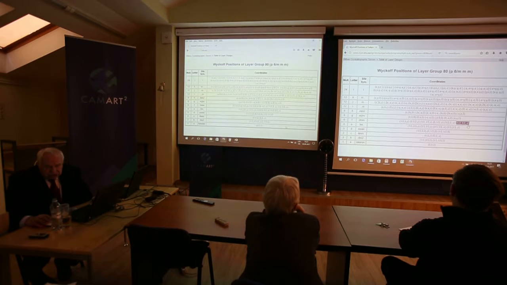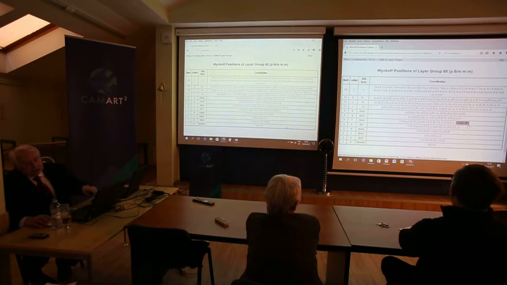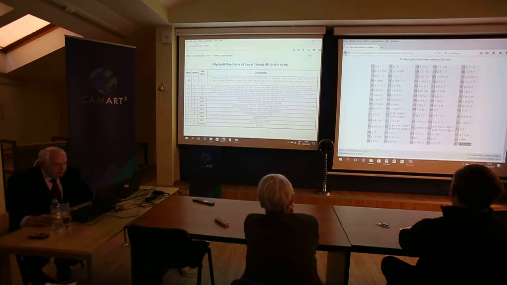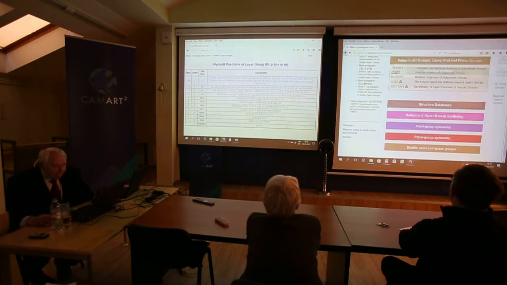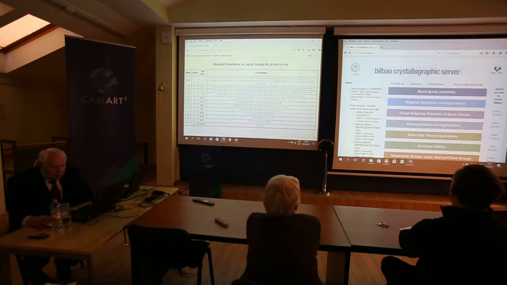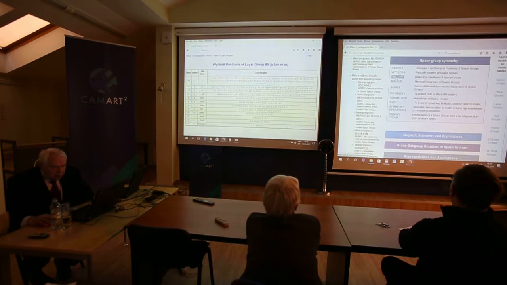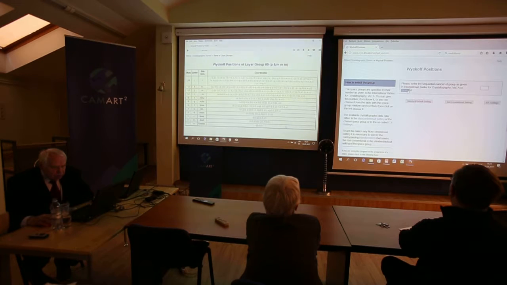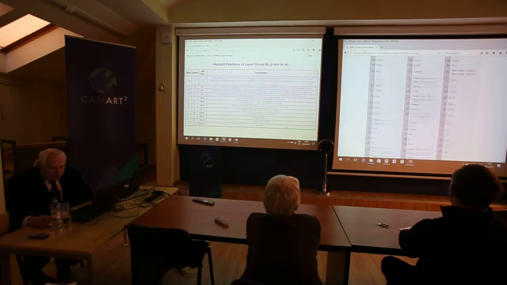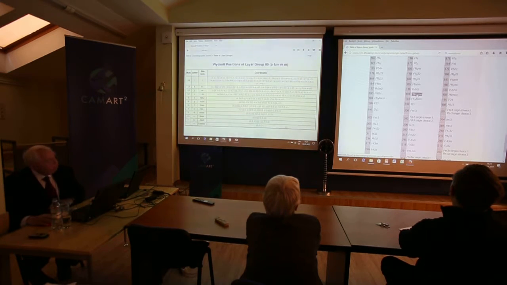Of course, as the object is three-dimensional, maybe I'll do the following. I'll change to space group, and this remains layer group. And then you can see the difference in Wyckoff positions. You see? The same, but space group.